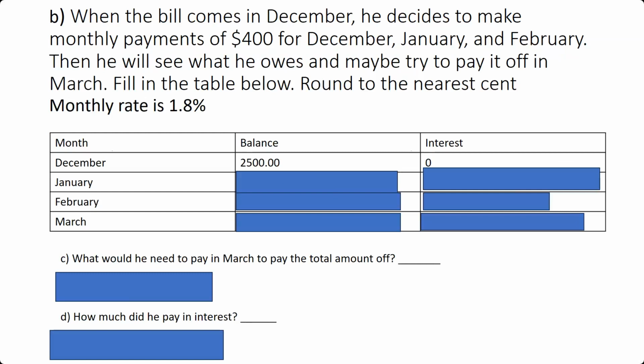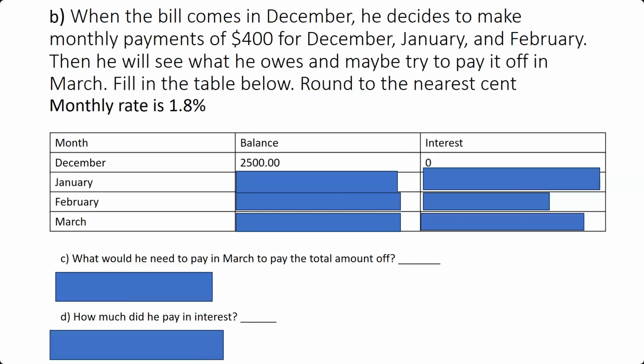When the bill comes in December, he decides to make monthly payments of $400 for December, January, and February. Then he will see what he owes and maybe try to pay it off. Fill in the table below. Round to the nearest cent. Remember, the monthly rate was 1.8. So when you have a credit card and you charge $2,500, the interest is zero the first month.